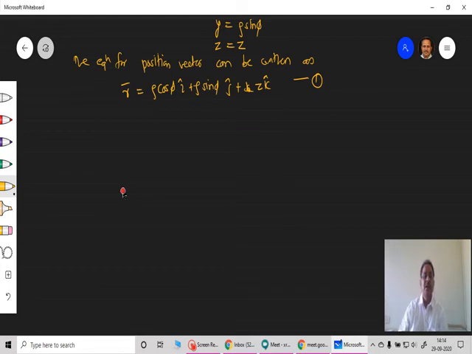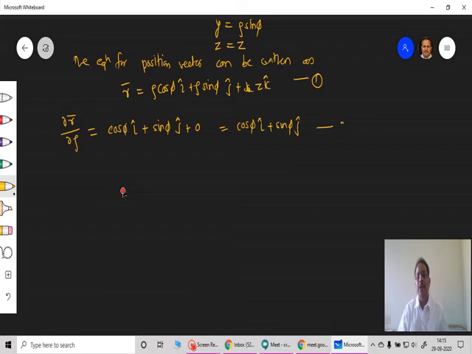First one is the partial differentiation of vector r bar with respect to rho. Here the differentiation of rho is 1, so cos phi remains as it is: cos phi into i cap plus sin phi into j cap, plus there is no rho component in the k term, so that is simply 0. So I get this vector as cos phi into i cap plus sin phi into j cap. Call this equation 2. This is my dr bar upon d rho, differentiation of a vector with respect to a scalar.